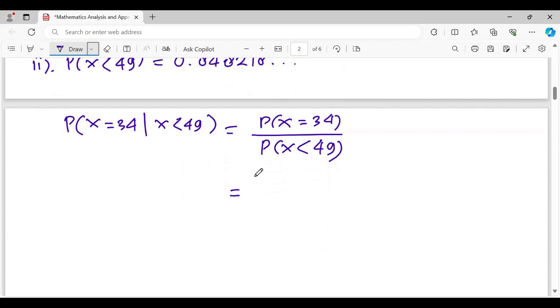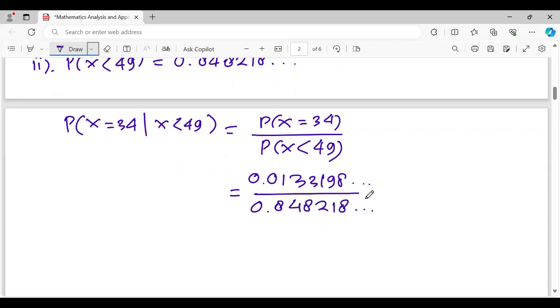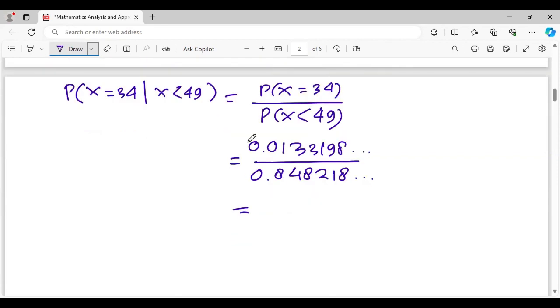For this probability, the number is 0.0133198 and so on, over 0.848218 and so on. And if you calculate, it is 0.0157033, and rounded off becomes 0.0157. This.